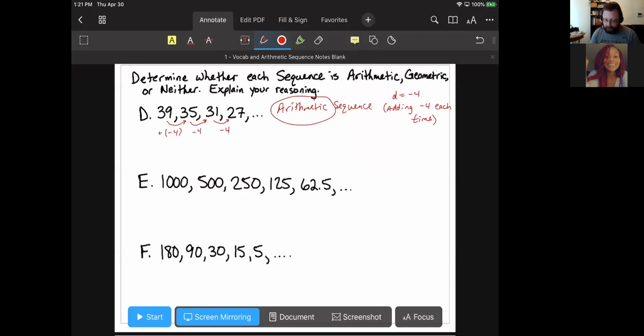On the next one, this one's kind of tricky, but if you notice, each term is half of the previous term. So you could either recognize it as dividing by 2, or if you're good with fractions, you might notice that we're actually multiplying by 1/2. Okay? So we're dividing by 2 or multiplying by 1/2 each time.